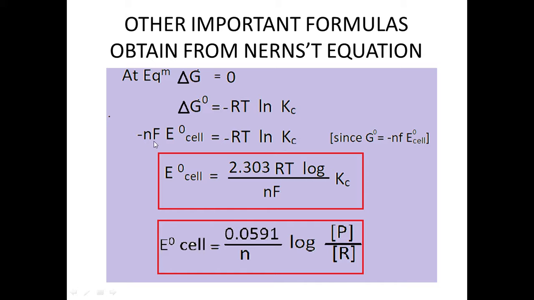By dividing by this minus nF factor to the other side, the negative and negative cancel out with each other, and we get this expression: E naught cell equals 2.303 RT upon nF log Kc, that becomes equal to 0.0591 upon n log concentration of product upon concentration of reactant. So this formula represents the relation between the equilibrium constant and the standard cell potential.